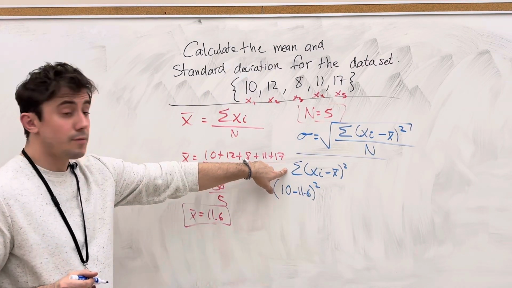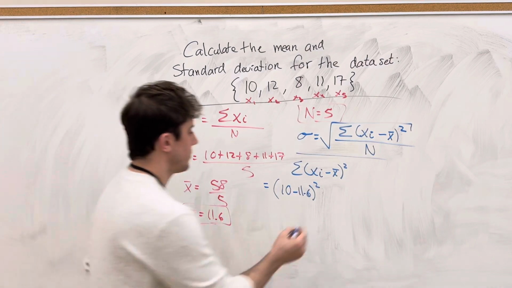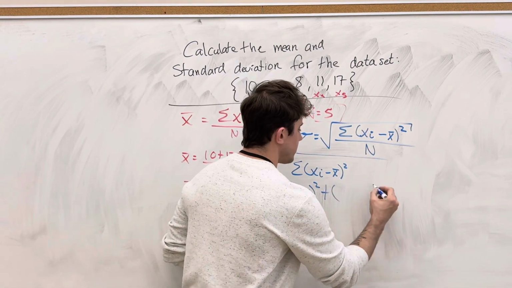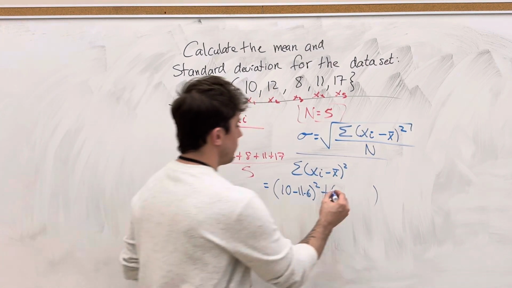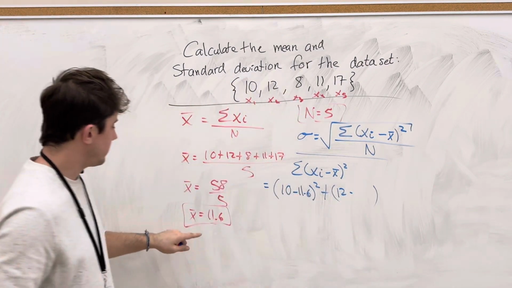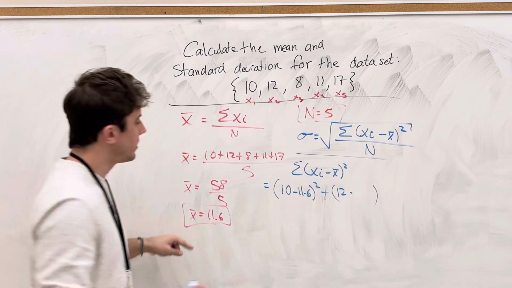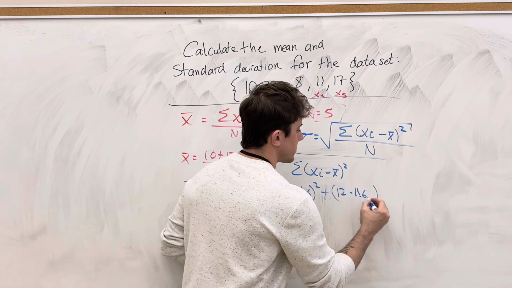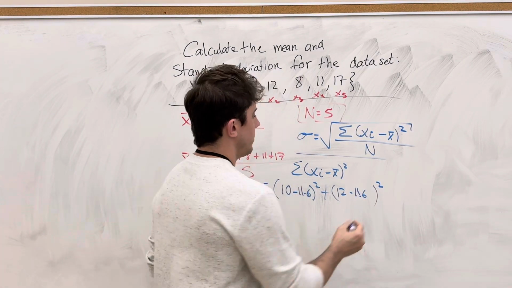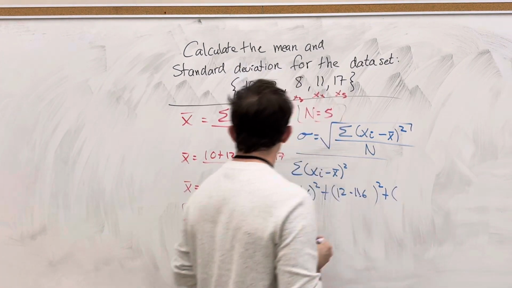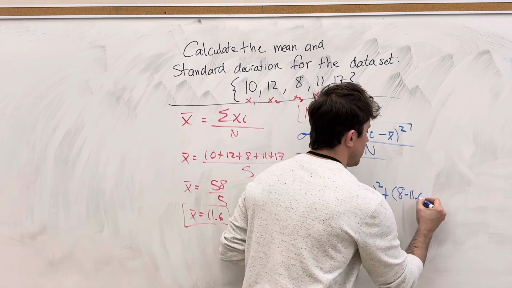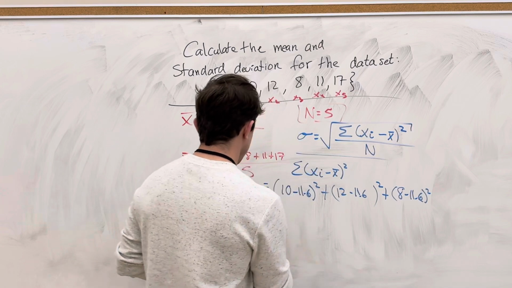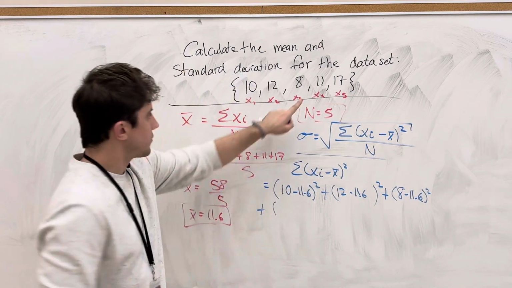And we're taking the sum of all of these, and so we're going to add them all up. Plus, now we go to the second data point, x2. That's 12 minus our mean. Again, the mean is always the same, it's always 11.6. So that stays consistent, and we're summing them up, so we keep on adding. x3 is 8, and so we'll have 8 minus 11.6 all squared.